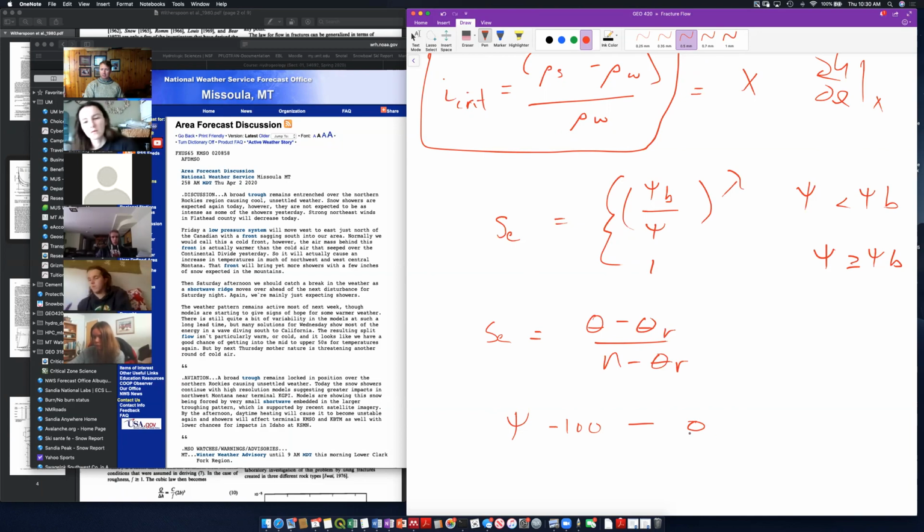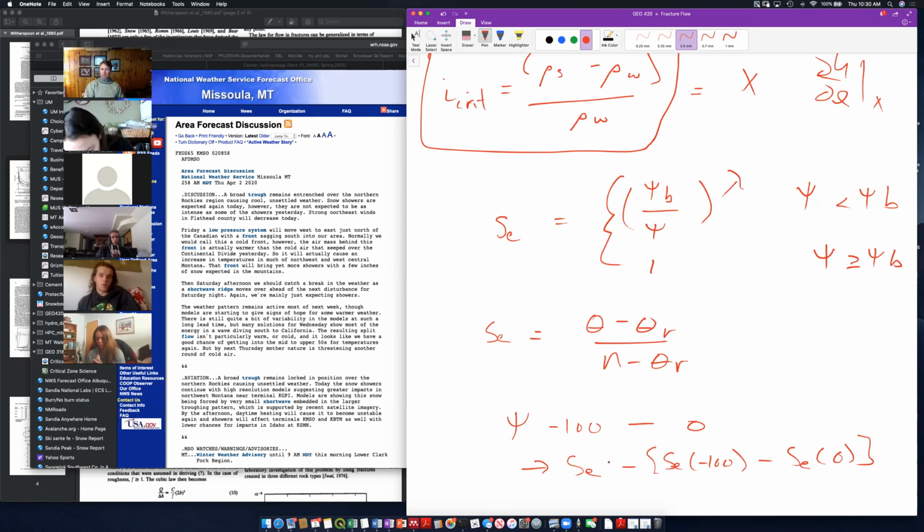That's the water table. For each one of these psi, I then calculate SE. So you're going to get a vector of SE values, from SE with a psi of negative 100 to SE when psi is equal to 0.